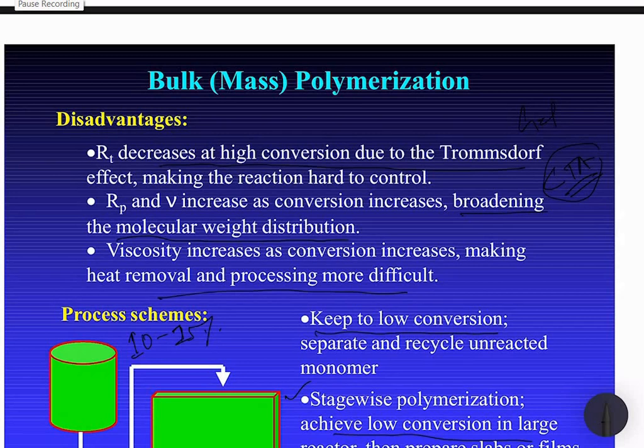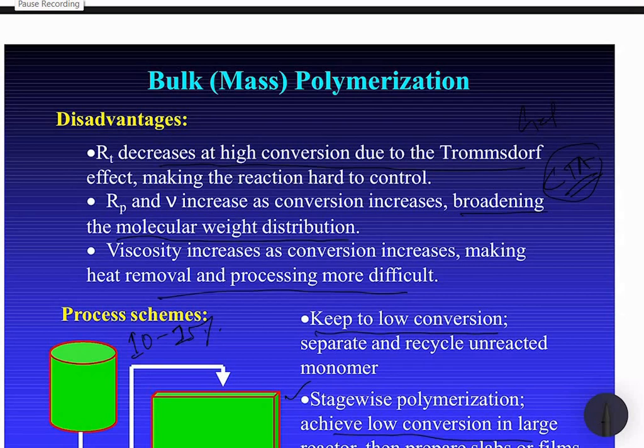So that way the rate of termination sharply decreases, whereas the rate of propagation, as an effect of that, increases, because the propagation reaction requires one giant radical coming close to a monomer.